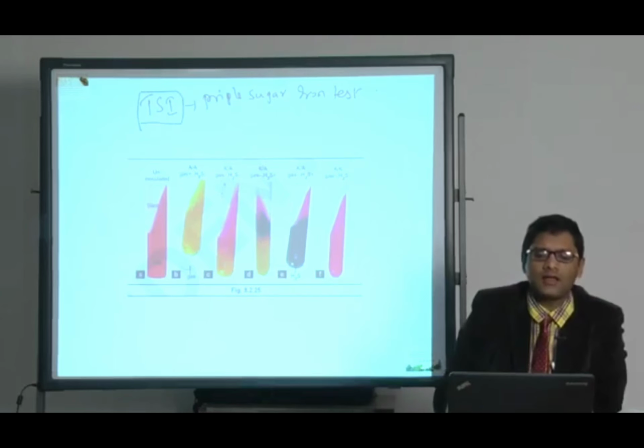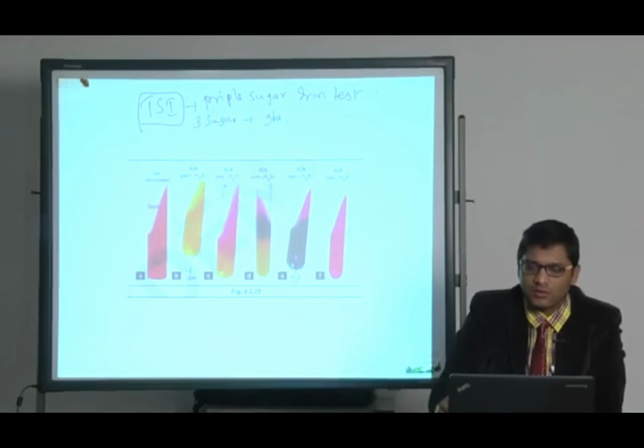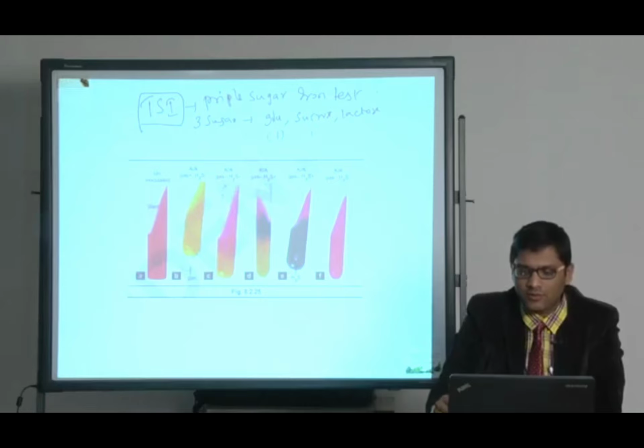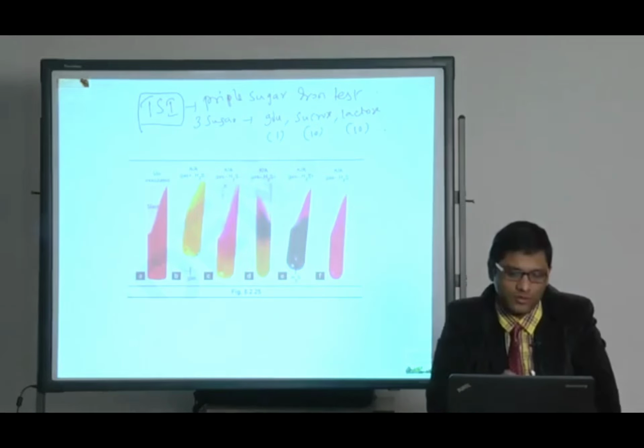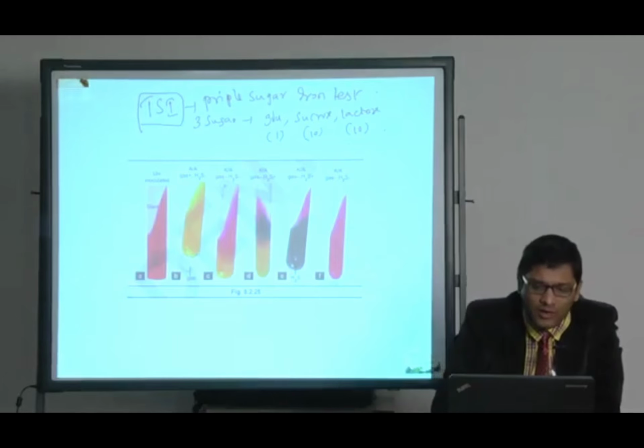Why it is called the triple sugar iron test: because here 3 sugars are there: glucose, sucrose and lactose. Glucose is 1 part, whereas sucrose and lactose are 10 parts more in amount. So, this is an uninoculated medium.